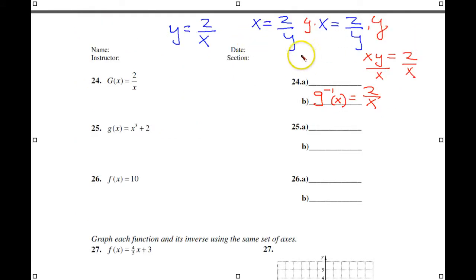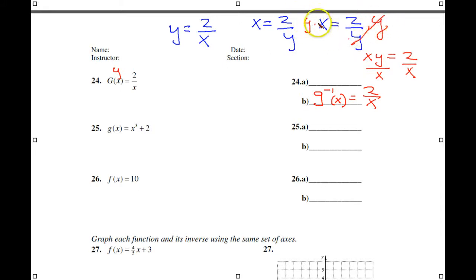This one's a little tricky, so I'll work it out for you. Here we see our function of g is this. So we're going to change this to a y, which is what I have here. We're now going to reverse the letters, put the x there and the y there, and then we're going to solve by multiplying both sides by y.